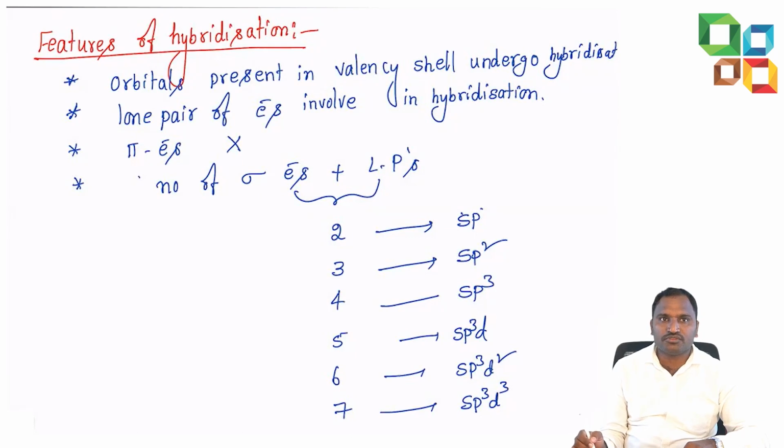Like this, the sum should be equal to this number: 2 sp, 3 sp2, 4 sp3, 5 sp3d.